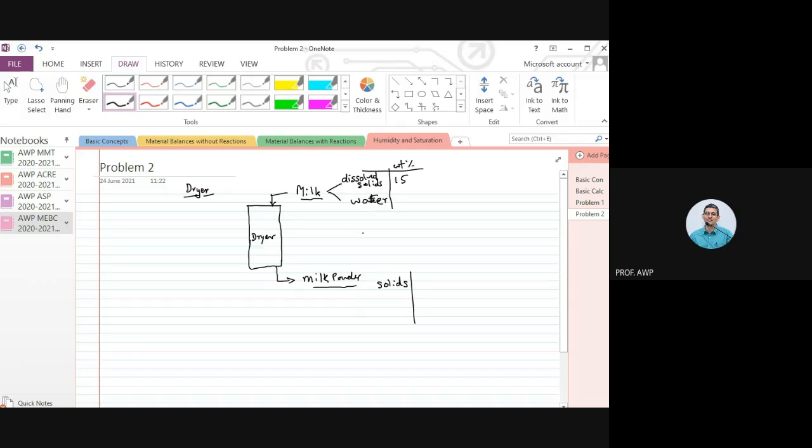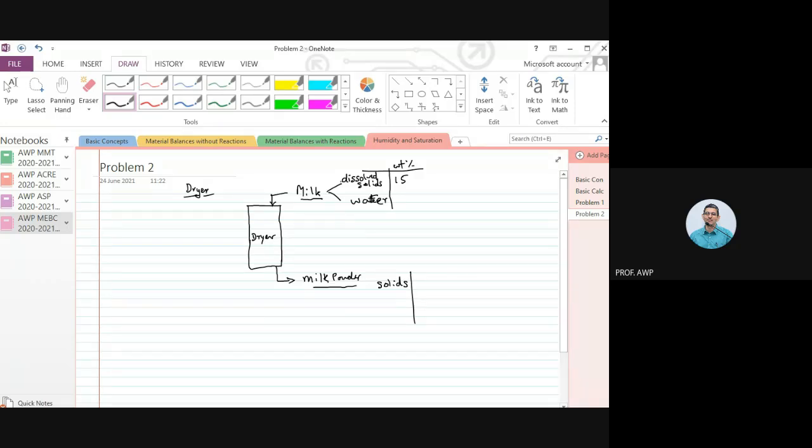For example, whatever fat component is there is not actually dissolved in water. It is emulsified in water. There are natural emulsifiers, which are proteins and some sugars. But right now, let us not worry about that, that it's an oil in water emulsion. Let us say all those components are like a dissolved solid.